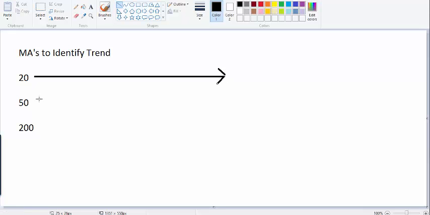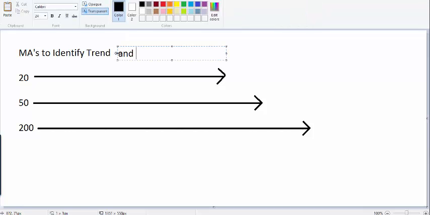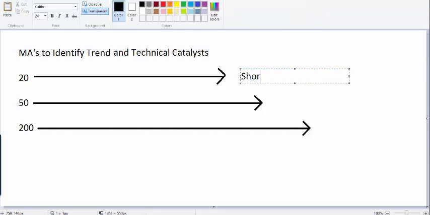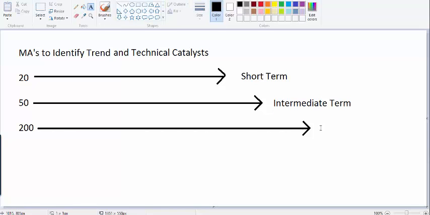So the first part of this, Stu, is what are we using the MA for? If we're just using it to help us spot the trend and maybe a technical catalyst, then I would stick with these MAs. 20 is kind of your short term, 50 is your intermediate term, and your 200 is your long term.